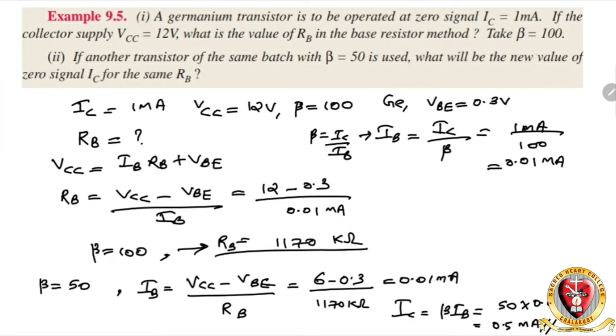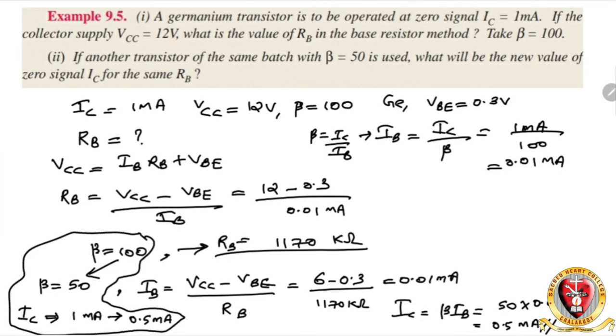If beta is 100, IC is equal to 1 milliampere. So we can see that if the value of beta, which is a transistor parameter, changes from 100 to 50, then IC changes from 1 milliampere to 0.5 milliampere. So note this.